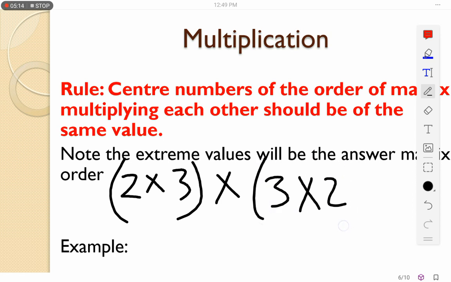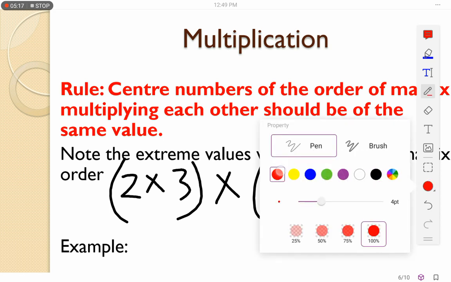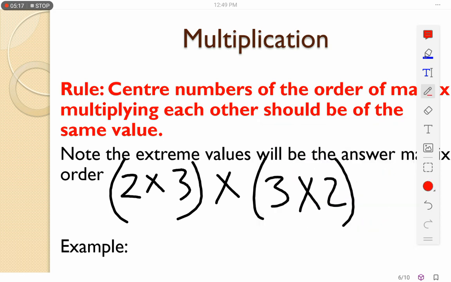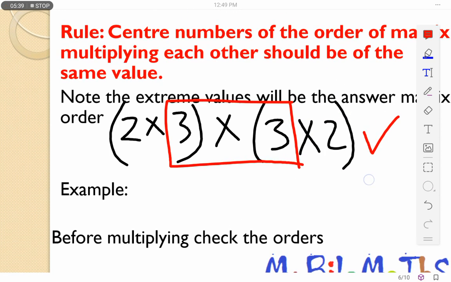In this case, we want to see if it is possible for us to multiply. Before we even multiply, we have to check the orders. If these numbers at the center, these 3 and 3, are the same, it means it's doable. We can multiply. Let me have an example.